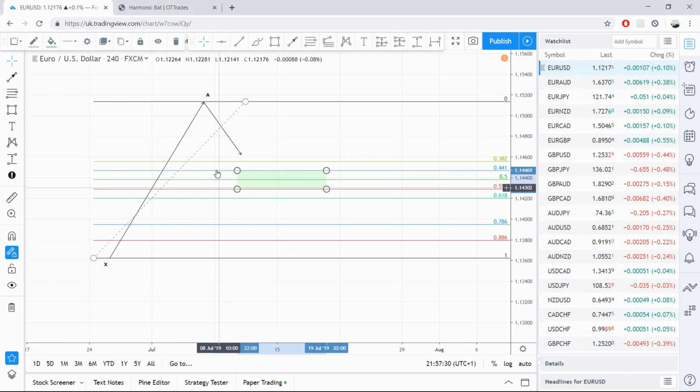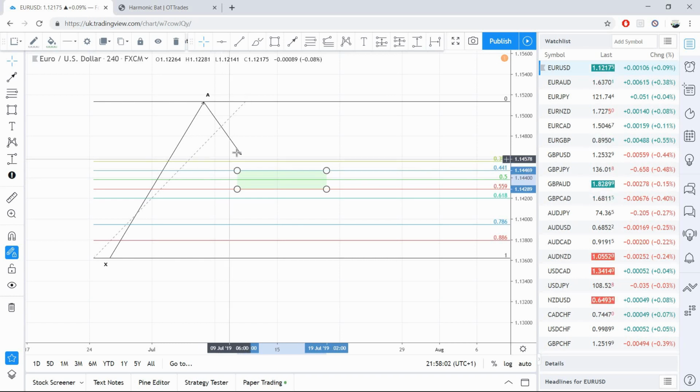So this blue line here is exactly halfway between the 50% and the 382. If price is above this blue line, it's classed as a 382 because it's closer to that than the next Fibonacci ratio. So if price is above this blue line, it's closer to the 382, therefore it's a precise 382. I know technically it's not precise, but that's what we're classing as precise. If it's below this level, then we're classing it as a precise 50%.